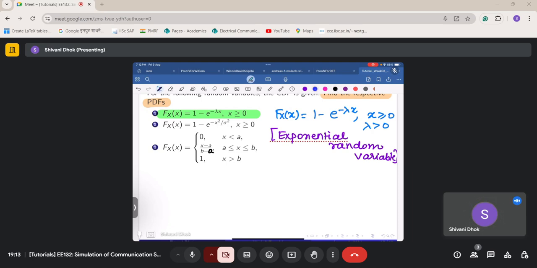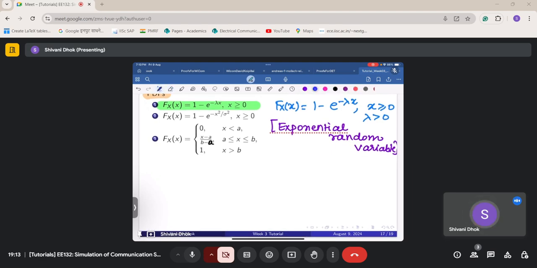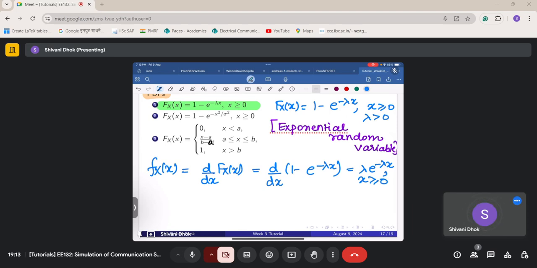Okay, so this we have, and we know that this is a continuous random variable, and therefore the PDF, little fx of x, is d dx of Fx of x, which is d dx, only for positive values of x, of 1 minus e power minus lambda x, which is equal to lambda into e power minus lambda x for x greater than or equal to 0.